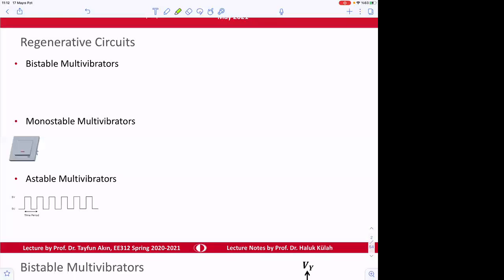So when we talk about regenerative circuits, we'll be considering three cases. One of them is going to be the bistable multivibrator. In this case, we have a bistable situation. Bistable means there are two stable states, and then one unstable state.